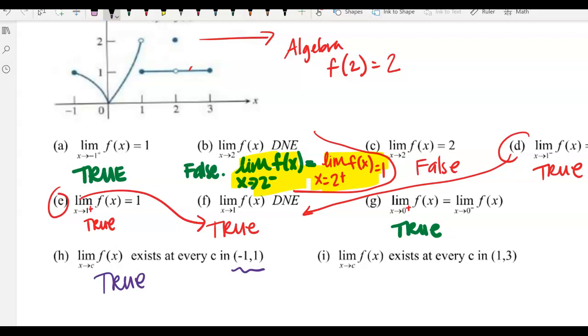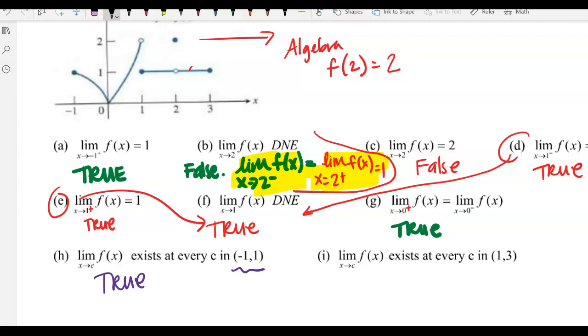Is this piece continuous? It's not, but that does not mean it doesn't have limits. Okay? So is the limit every single x value in between here? Is the right and the left, are they identical? That's really the question. Is the limit identical?